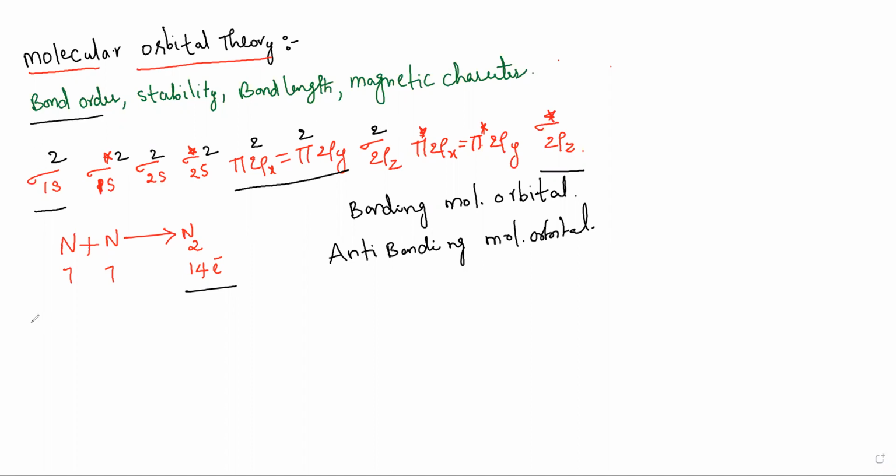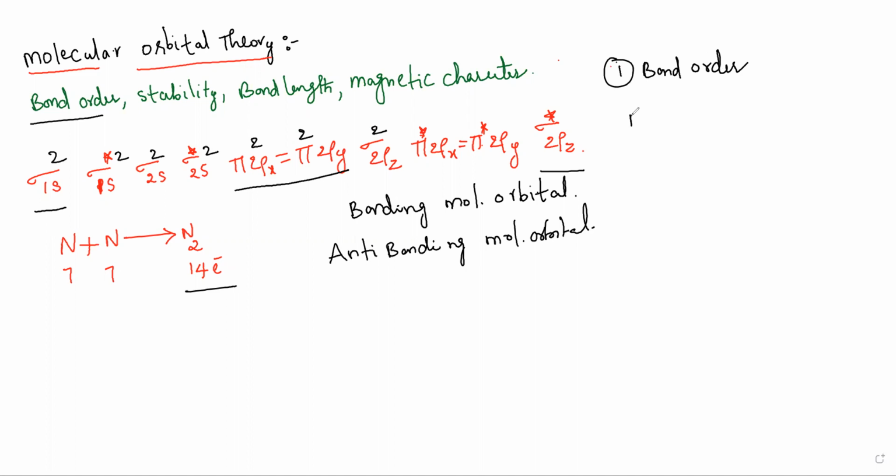The first application is bond order. Bond order is nothing but the number of bonds present between the atoms of the molecule. There is a formula for bond order and there is one more shortcut also to find bond order. We'll discuss both things here.